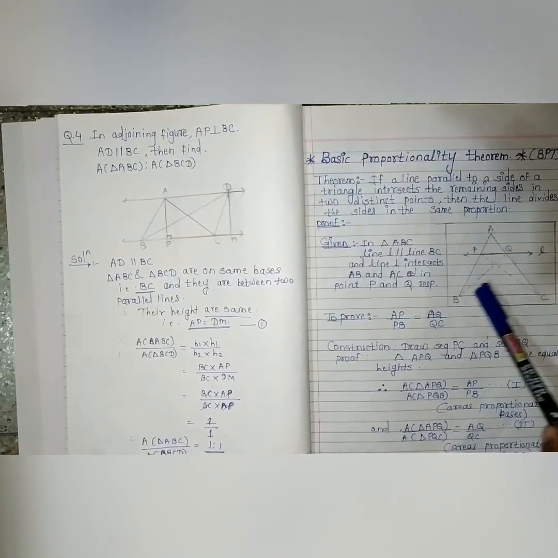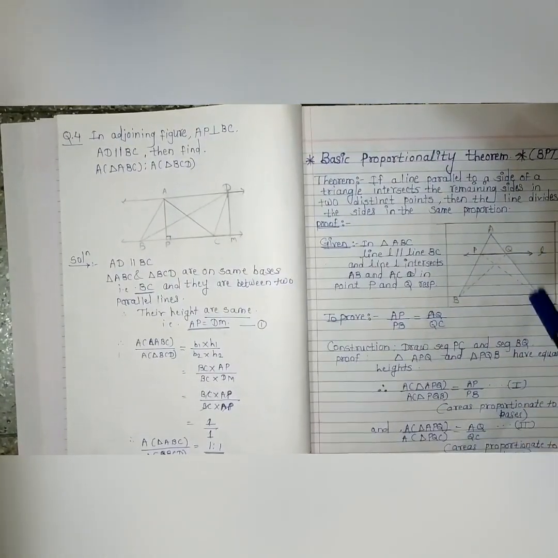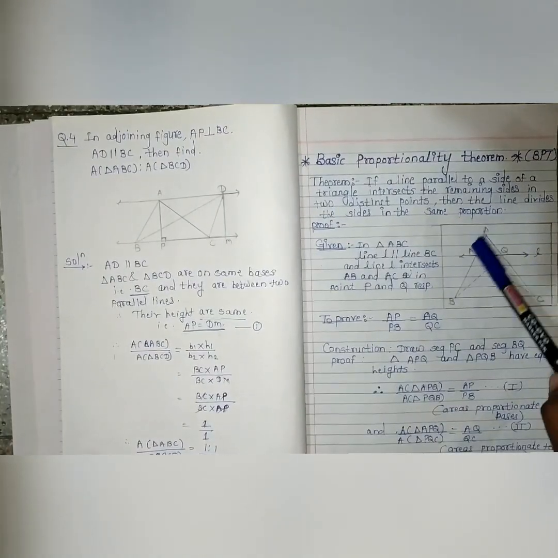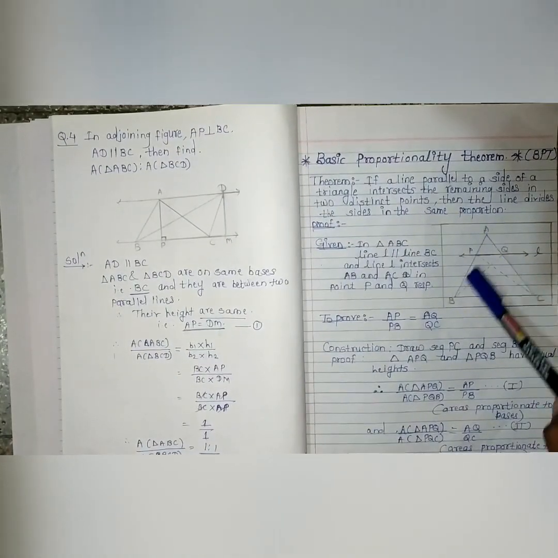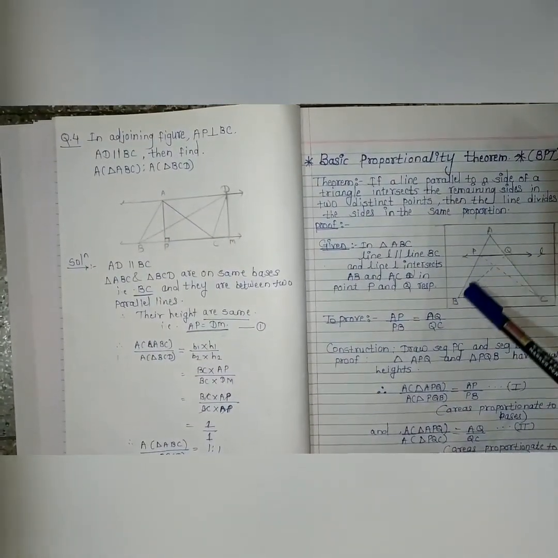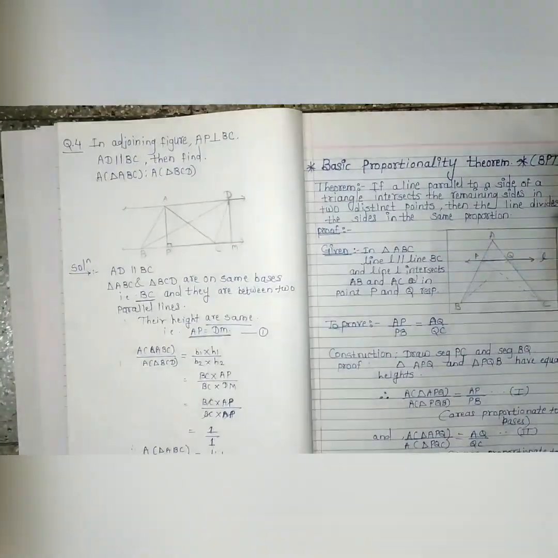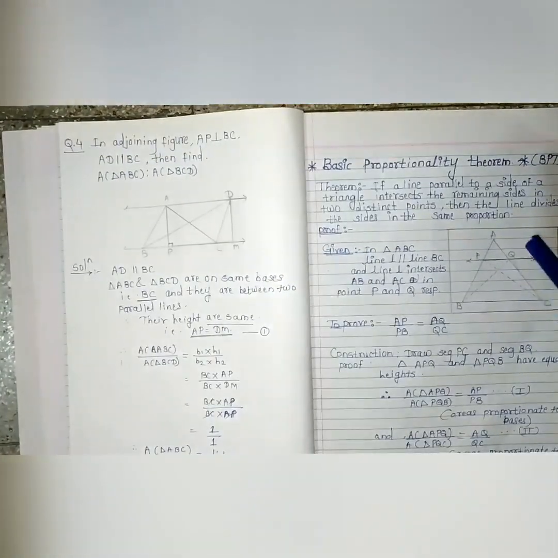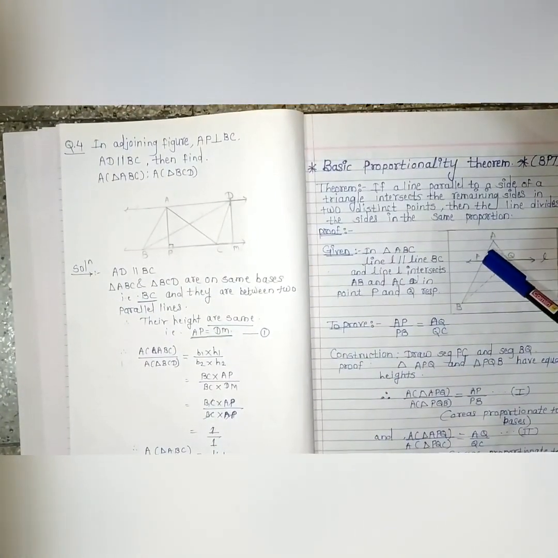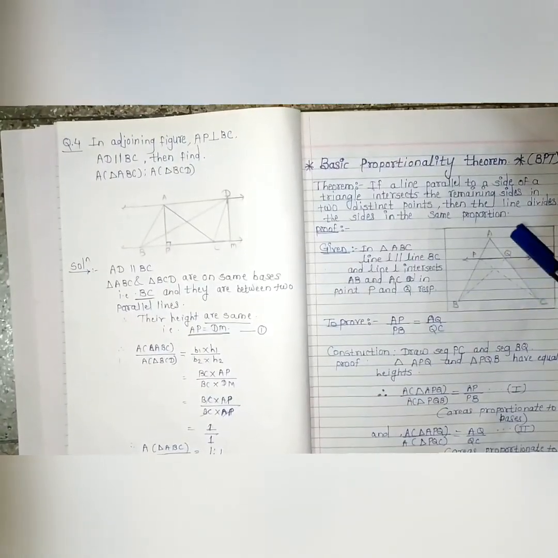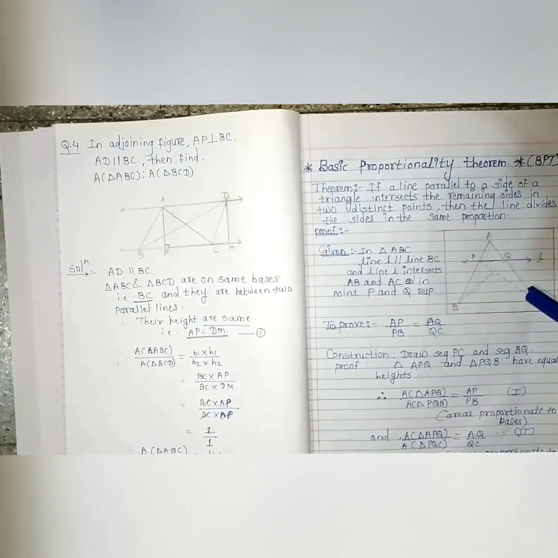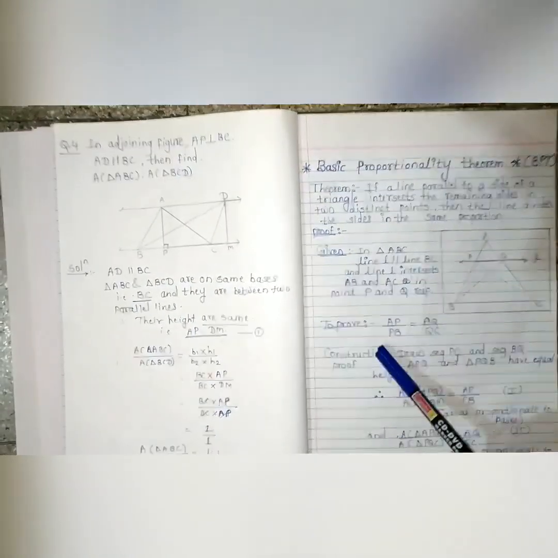Line L intersects AB at point P and line L intersects AC at point Q. To prove: AP upon PB is equal to AQ upon QC. This is to prove. Construction.